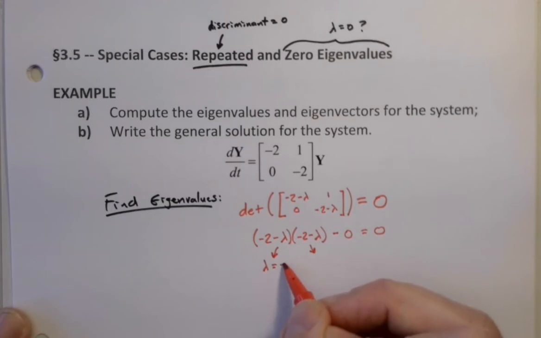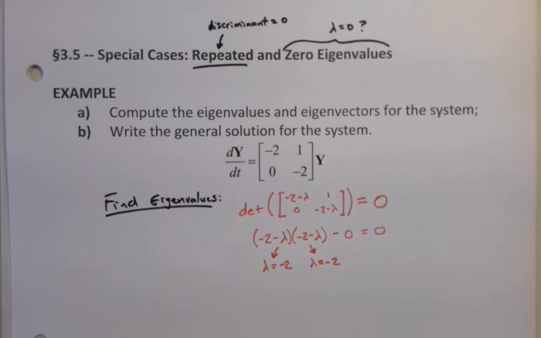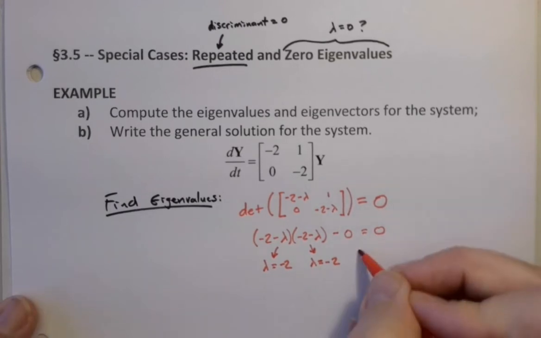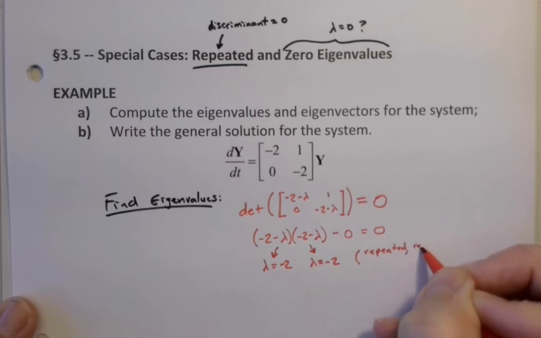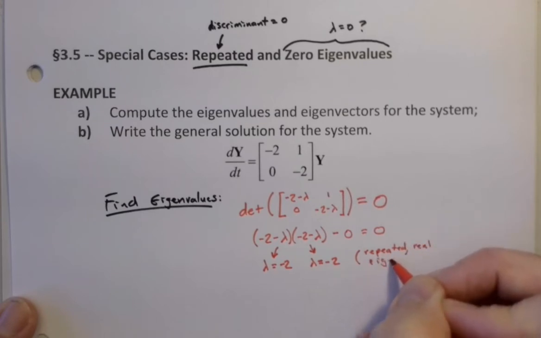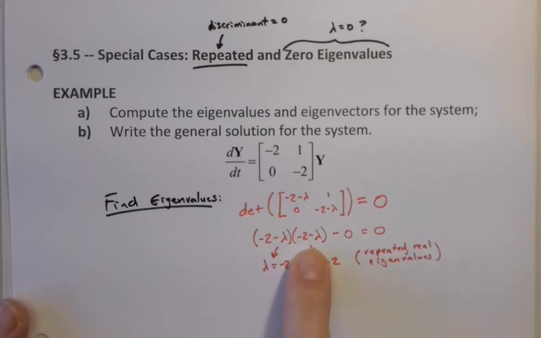Lambda equals -2 in both cases. And so what we have is repeated real eigenvalues. Now, if you were to multiply this out, you'd find out that's because the discriminant of your quadratic equation equals 0.